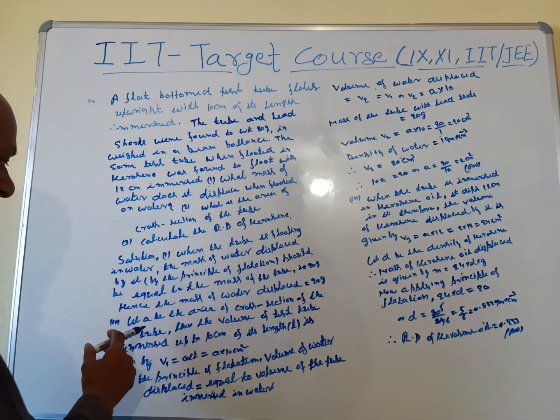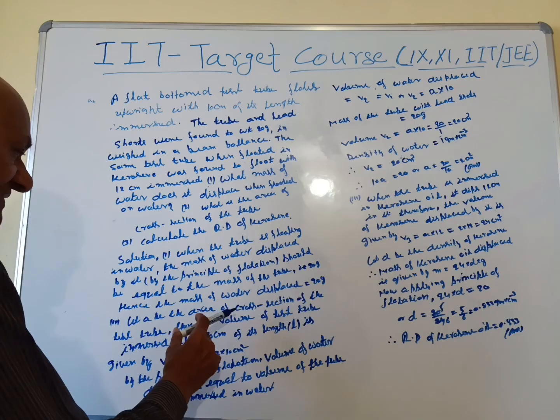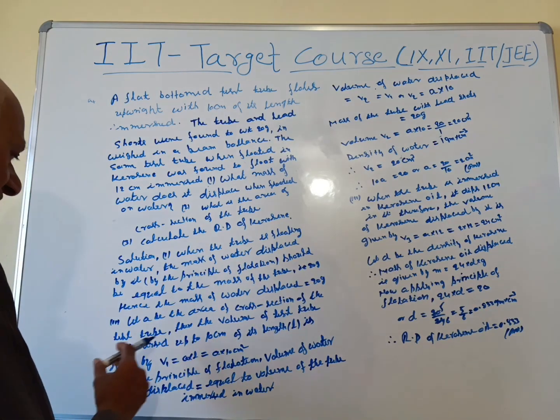Second, let A be the area of cross section of the test tube.